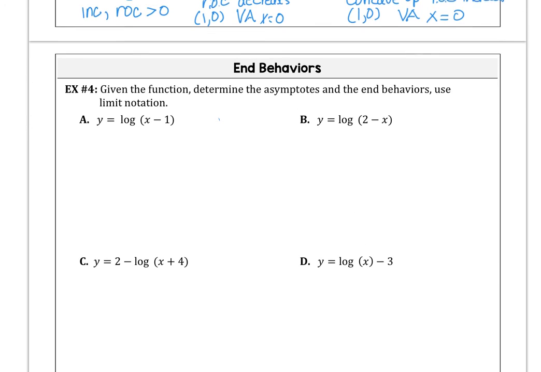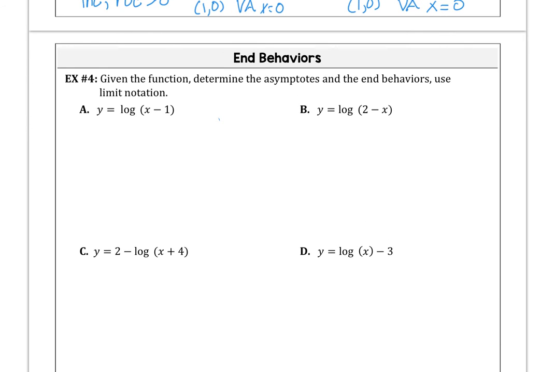For example 4, we're given the function and we want to determine the asymptotes and the end behaviors using limit notation. So first of all, looking at the argument, we've got x equals 1 as our vertical asymptote.